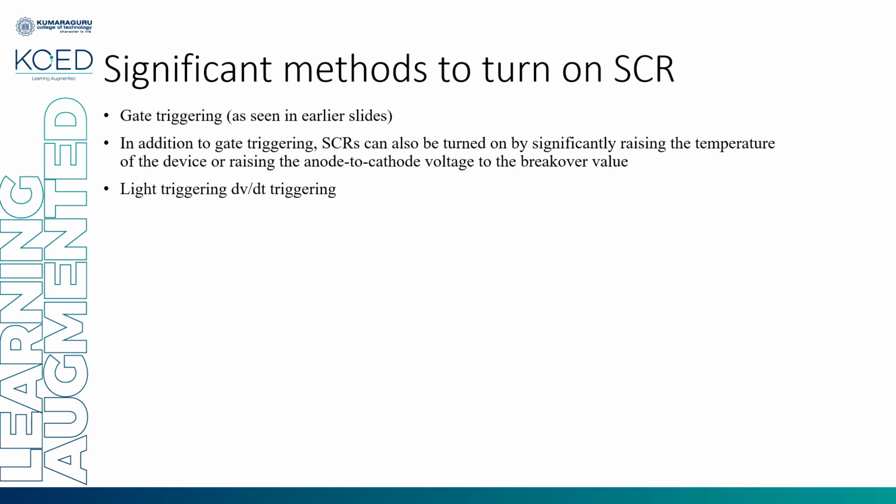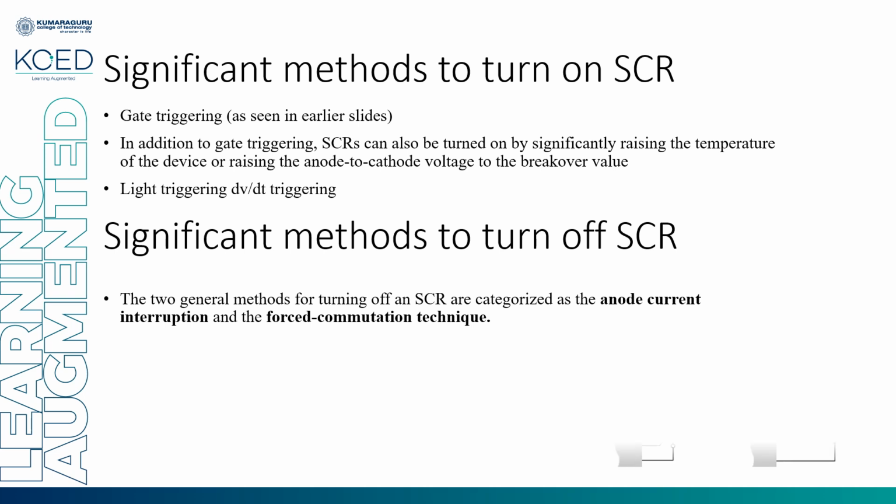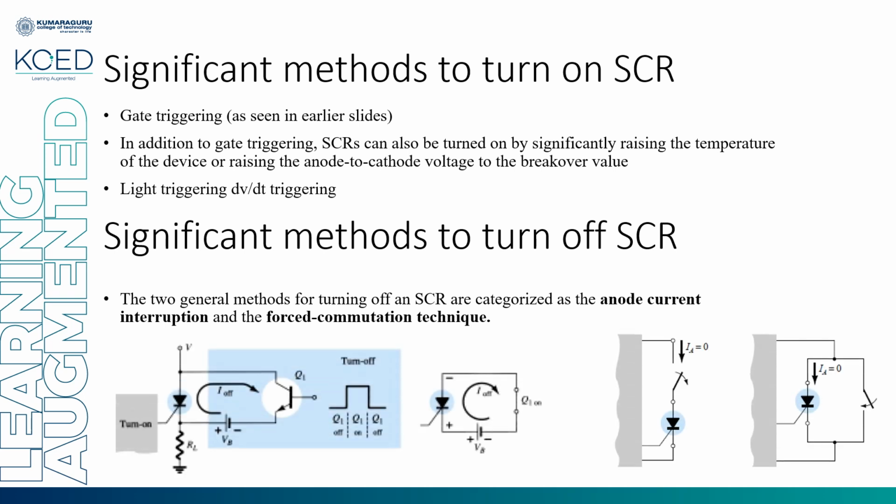You can also use temperature, or any other form of energy, to influence the VBO, to make the diode reach VBO. We also have different methods to turn off an SCR: anode current interruption and forced commutation technique.